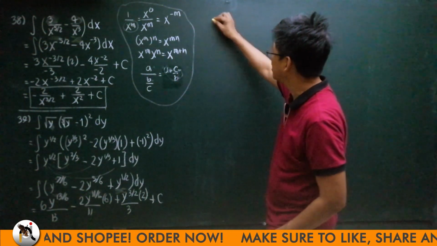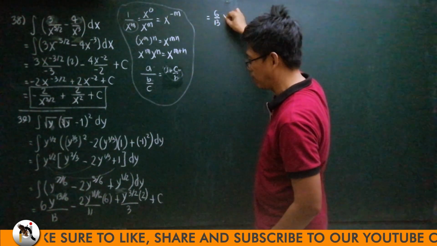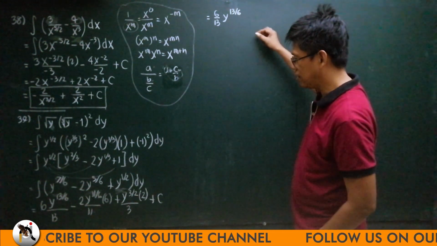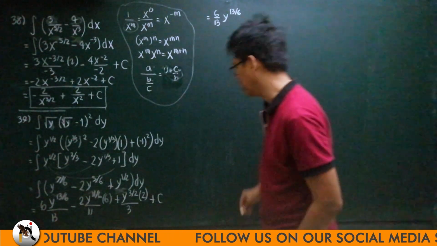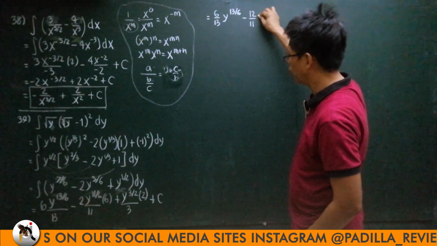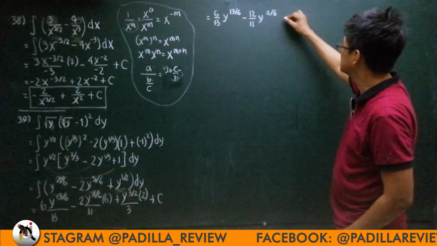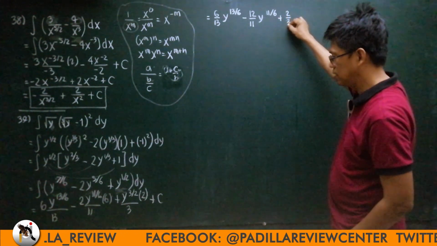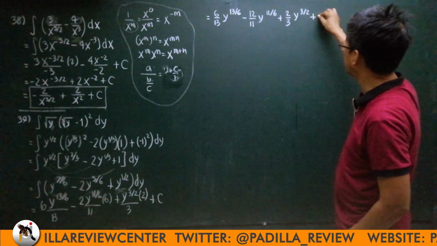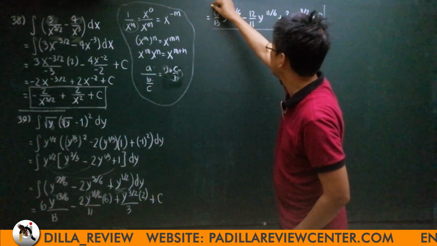We just simplify, that is going to be equal to 6 over 13 y to the 13 over 6, minus 2 times 6 is 12 over 11 y to the 11 over 6, plus 2/3 y to the 3/2 plus c. So this is going to be the integral.